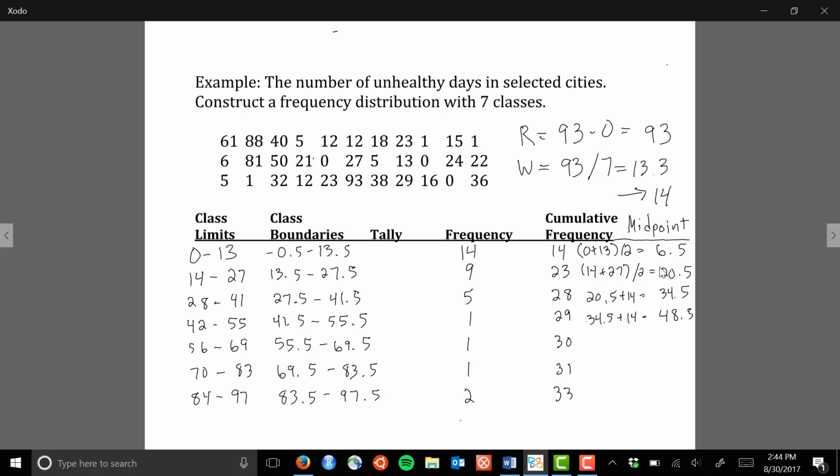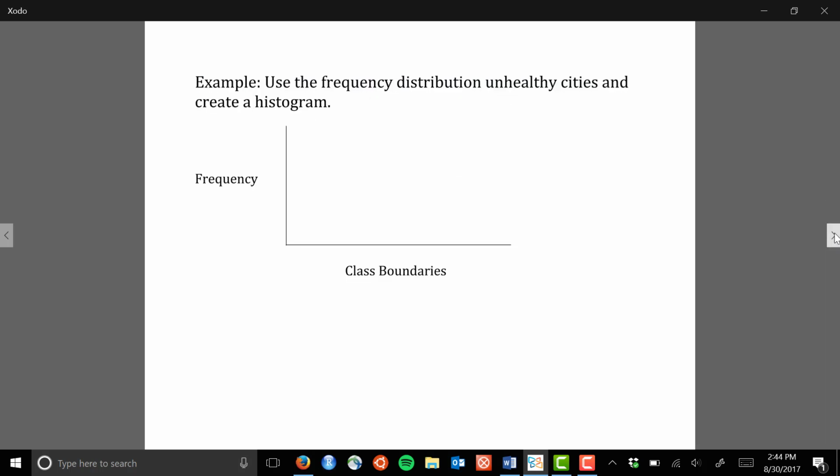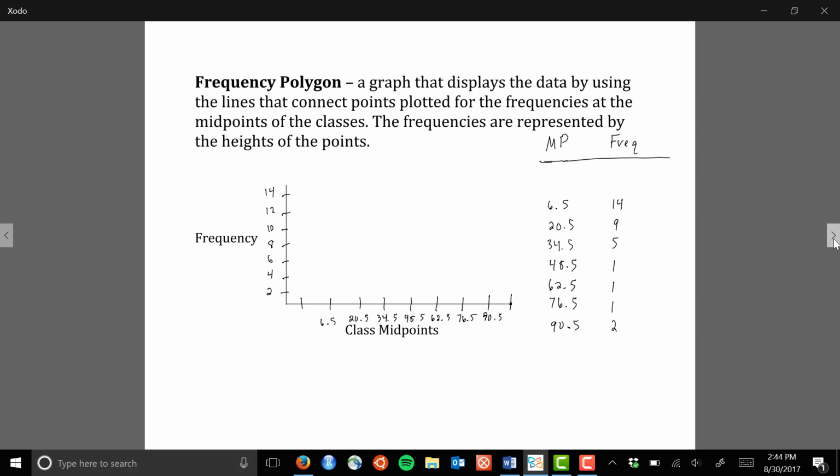And we can continue this pattern to get 62.5, 76.5, and 90.5. So we've now computed the midpoint of each one of our 7 classes. We want to use that to create our frequency polygon. So I'm going to transfer this information onto this slide right here, where we're going to construct our frequency polygon.